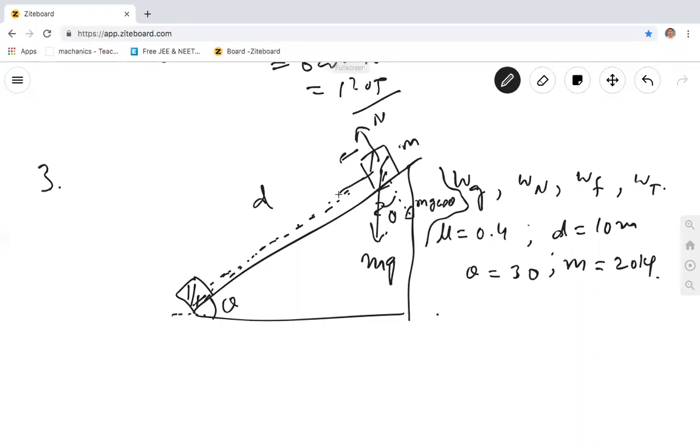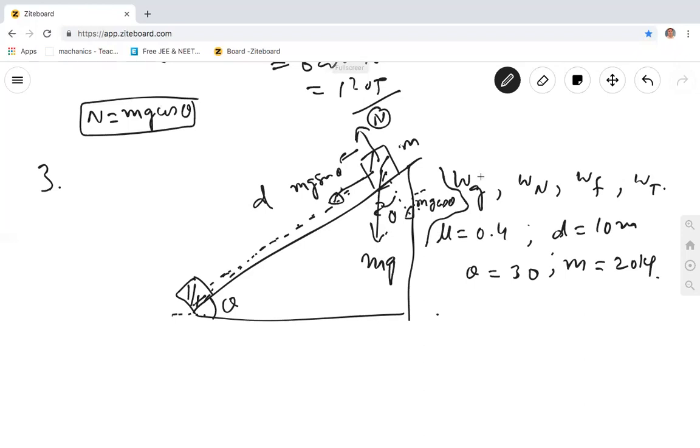The body does not cross the incline. Therefore, N equals what? mg cosine theta. Let me write: N is equal to mg cosine theta. Although we may not need it, it is good to write.